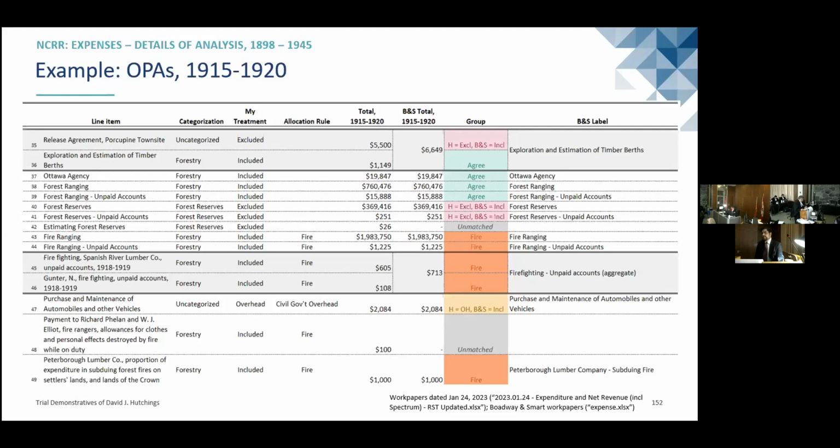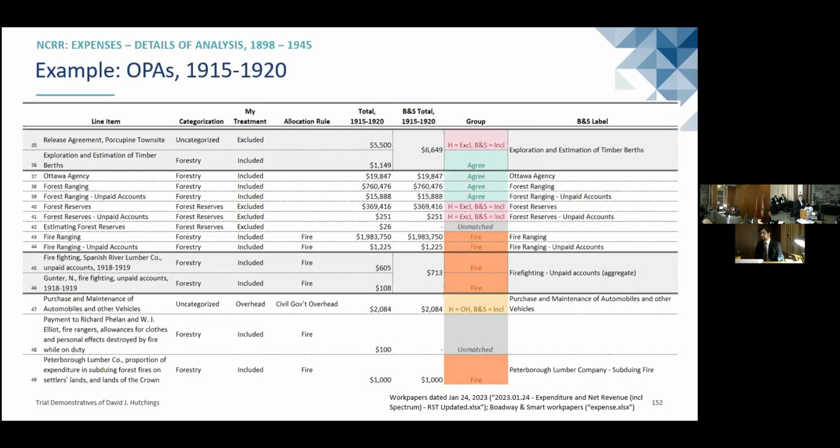I exclude them because much of the activities was related to fire protection in that region and also for preserving lands, not direct Crown resource revenues. So there being no direct Crown resource revenues tied to the forest reserves, I didn't include the expenses. Professors Bodway and Smart do include the expenses.